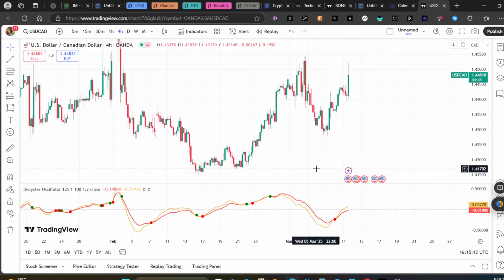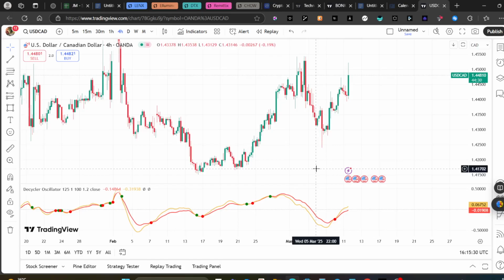But of course, like any indicator, it is important to understand how it works to make it an effective part of your trading strategy. Now, let's just get into the mechanics of the Decycler Oscillator.